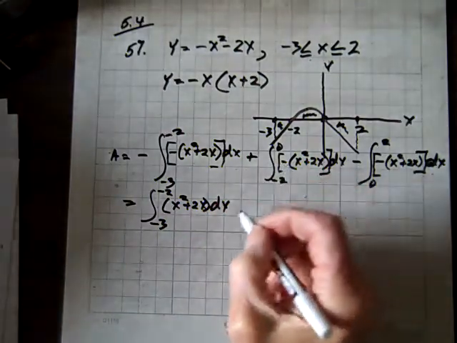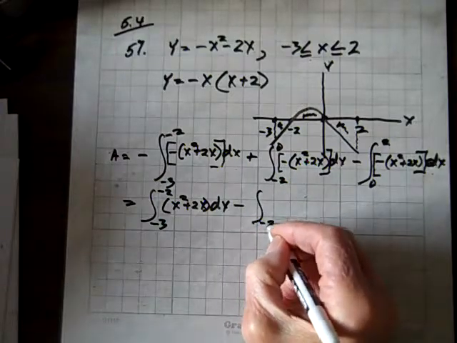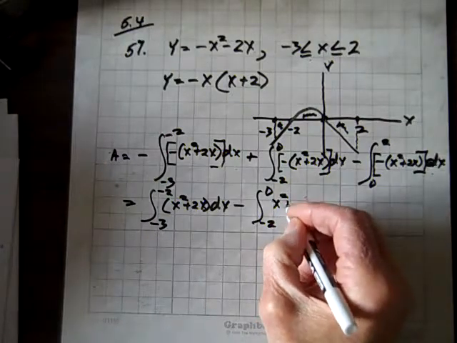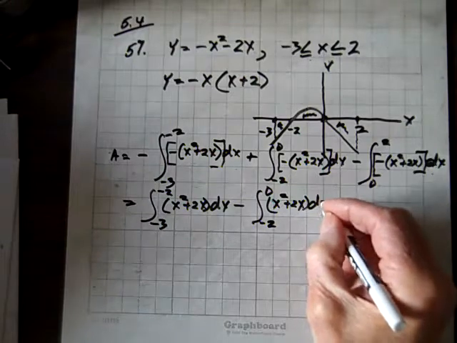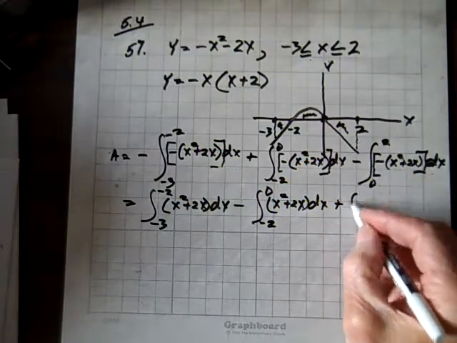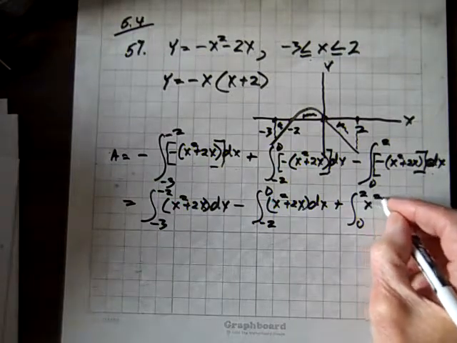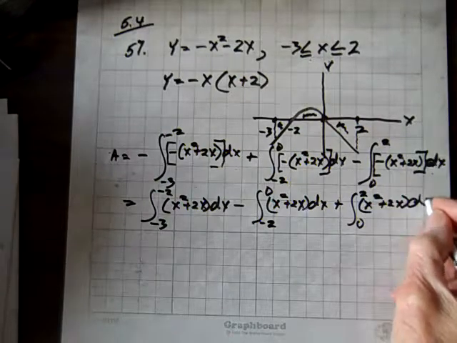A positive times a negative is a negative, and we've got the integral from negative 2 to 0 of x squared plus 2x dx, and a negative times a negative is a positive, and we've got the integral from 0 to 2 of x squared plus 2x dx.